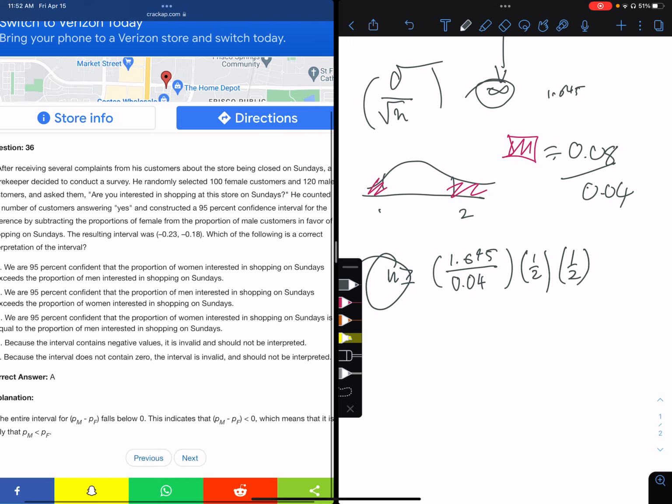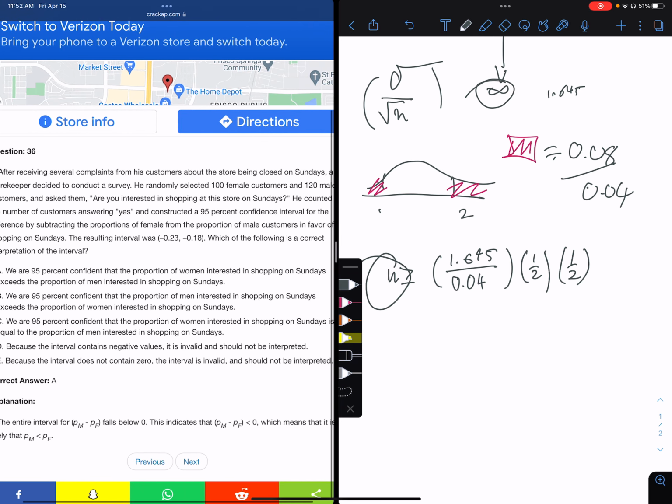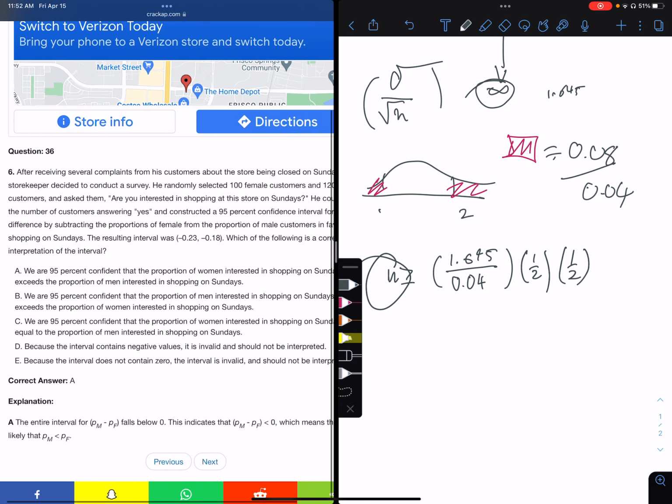He counted the number of customers saying yes, subtracting the proportion of female from the proportion of male. And because both numbers are negative, there's evidence to prove that more females want to have Sundays open rather than the males. I completely misinterpreted that. My bad. I forgot, but now I remember. This is why we practice.